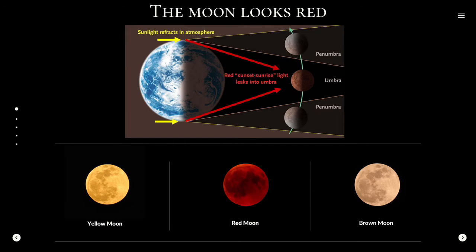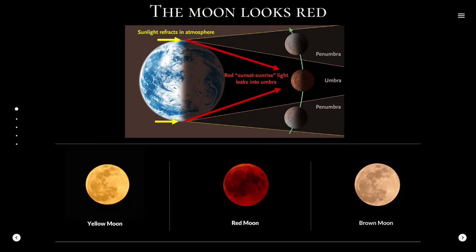Even though Earth blocks sunlight from directly reaching the surface of the Moon during a total lunar eclipse, the Moon is still visible to the naked eye. This is because Earth's atmosphere bends sunlight and indirectly lights up the Moon's surface.